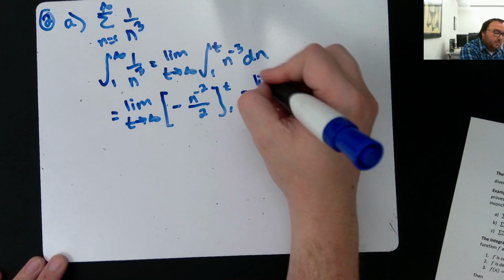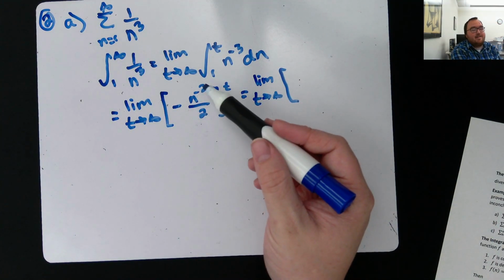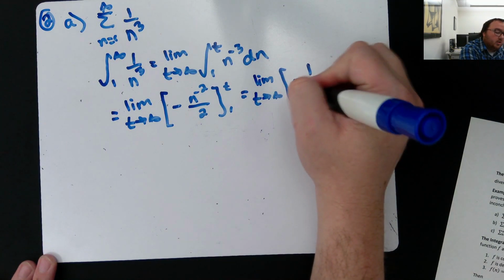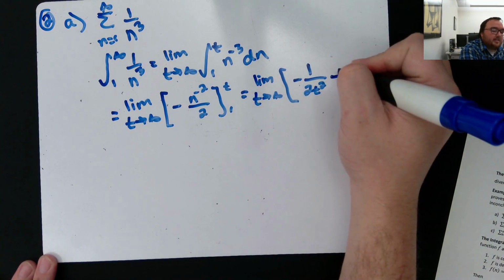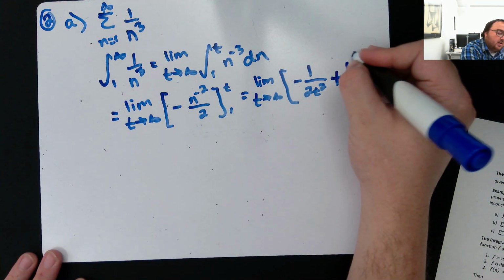Plug in a t, and that's like saying t to the negative 2, which is 1 over t squared, so negative 1 over 2t squared. Minus makes it plus. Plug in a 1, we just get 1, so 1 half.